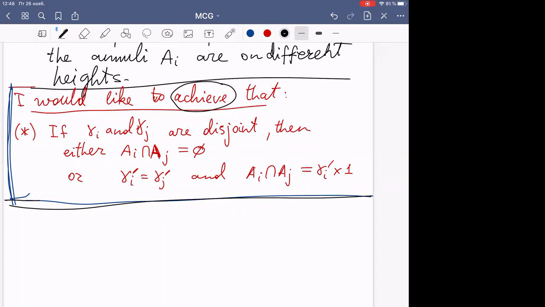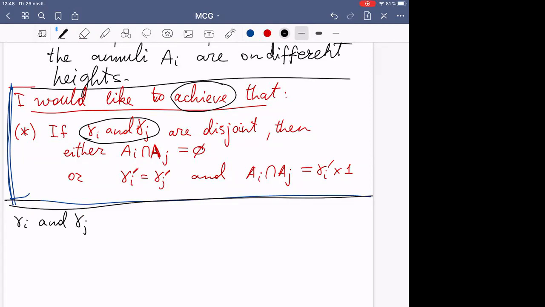Now we proceed in the following way. First, look at any pair gamma_i and gamma_j as in this condition.